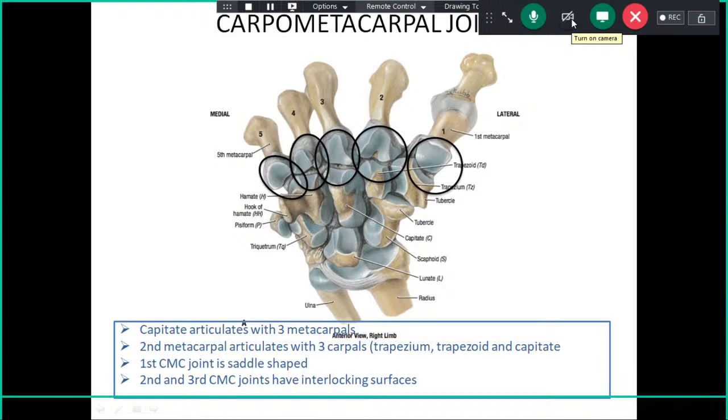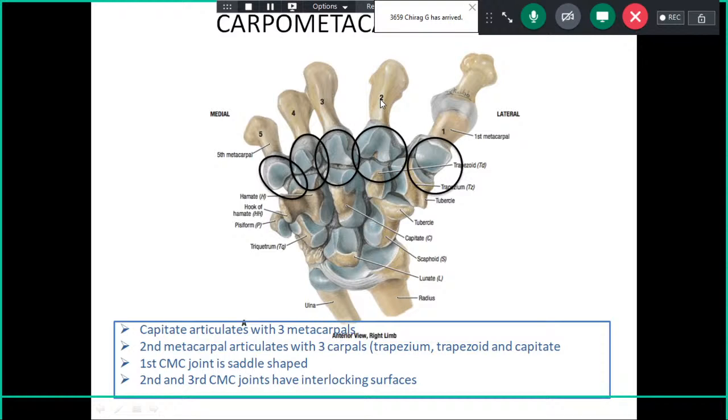I've already shown you this in the image before, wherein we have the first carpometacarpal joint between the first metacarpal and the trapezium here. There are so many articular surfaces here. In the previous image, I said the capitate over here is articulating with the three metacarpal bones, the second, third and fourth, which I had already shown you.